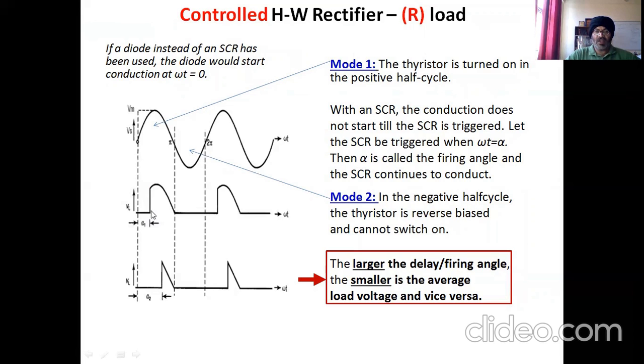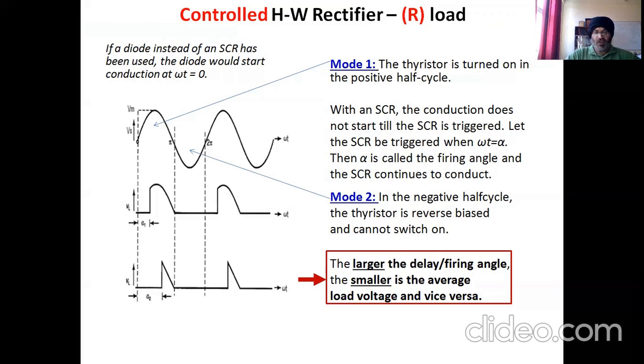Now the second condition is also fulfilled, so the thyristor can start conducting. Due to the forward bias in the positive half cycle and the firing pulse at the gate at angle alpha, the thyristor starts conducting, and the voltage appears at the output only after angle alpha, because before that the thyristor was off.